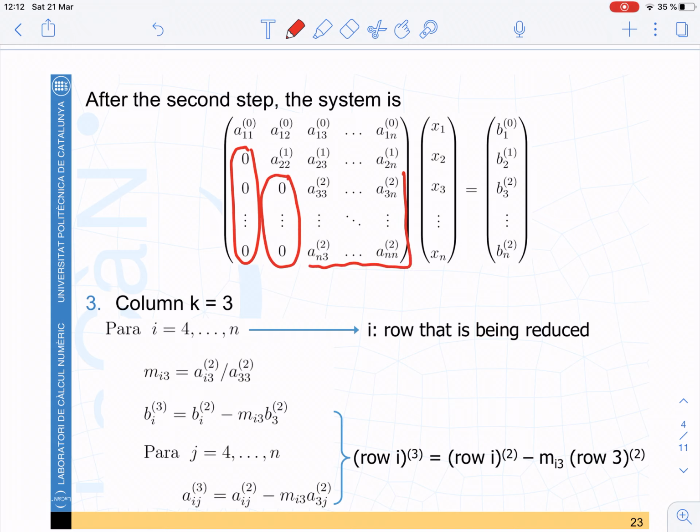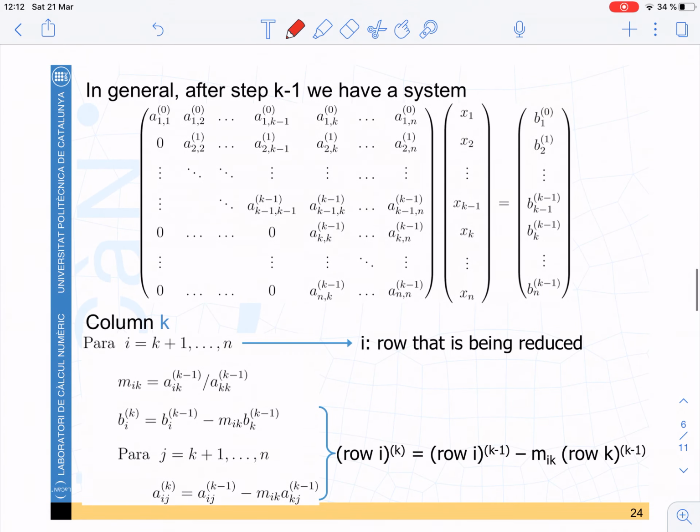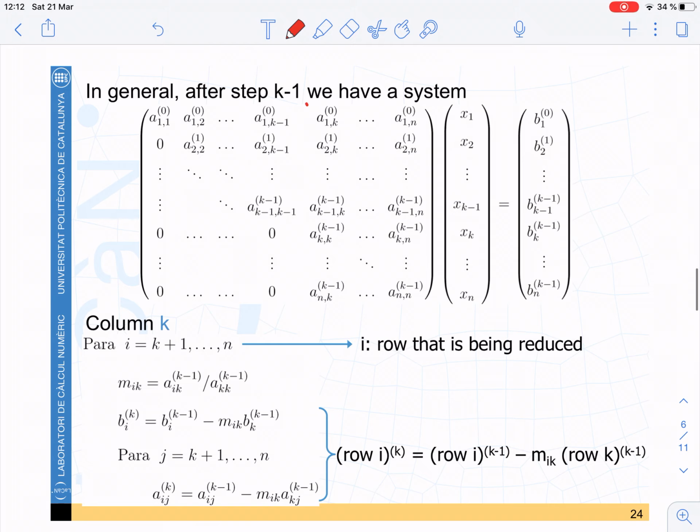Note now that these entries of matrix A and these components of vector b have undergone two steps of modification. And so on for column 3. And in general, after step k-1 of this Gaussian elimination process, we have zeros below the main diagonal for columns 1 to k-1.